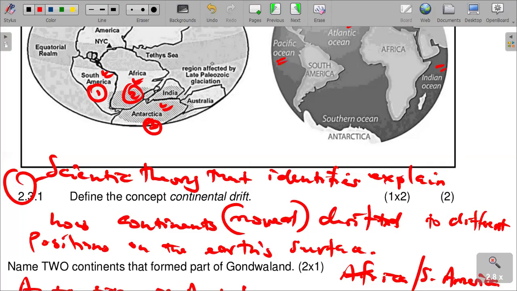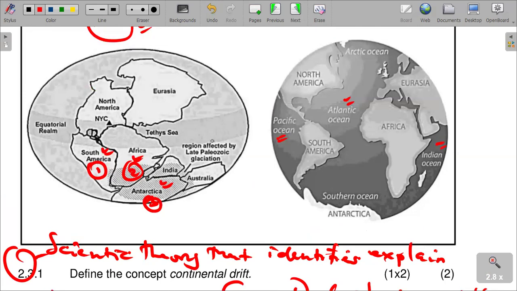The movement of the Earth resulted in the formation of the continents as we know them now. As you can see, we have various continents that we can identify and explain that are existing now.